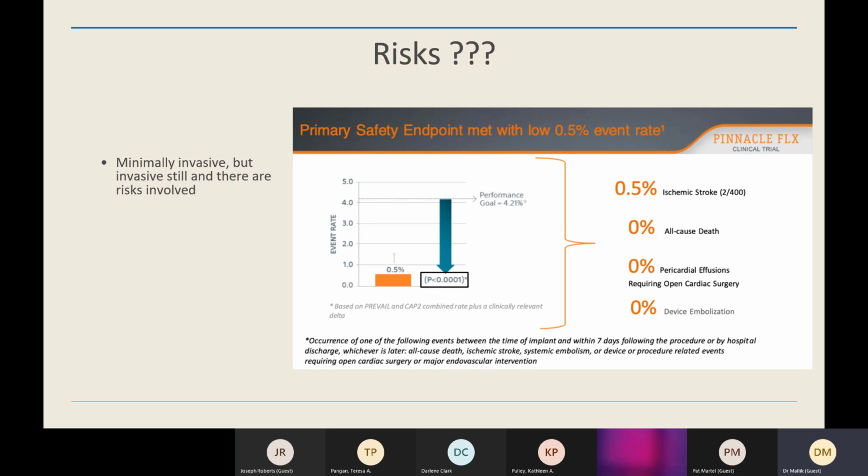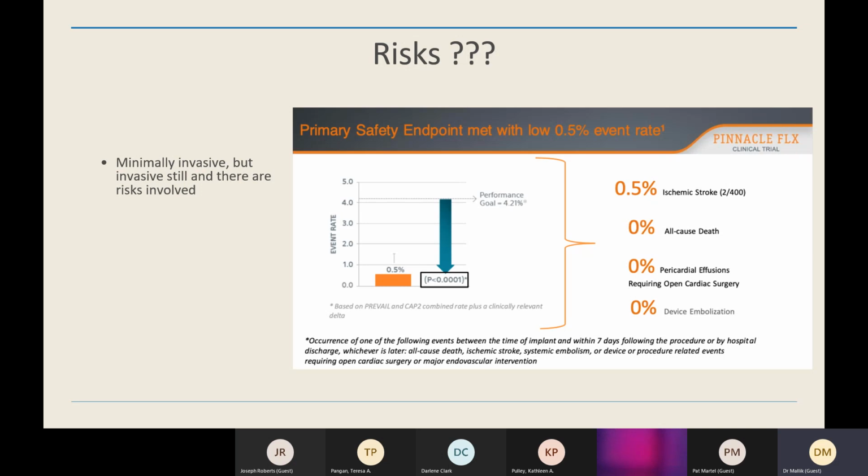Or the device itself can essentially pop out of the appendage and become what we call embolized, meaning it's no longer in the appendage, it's free floating and needs to be retrieved either through the groin or sometimes through open heart surgery. With current generation WATCHMAN, these risks are very small.